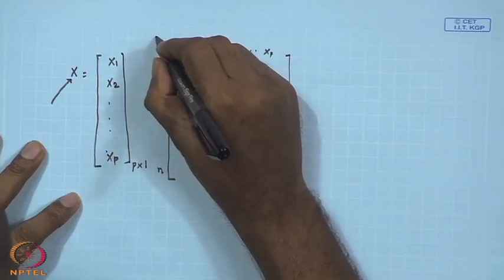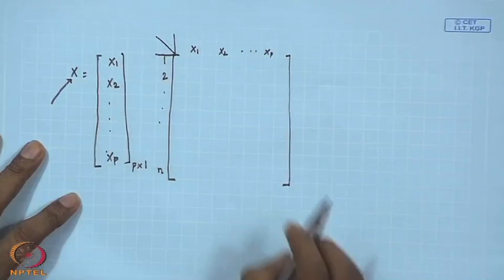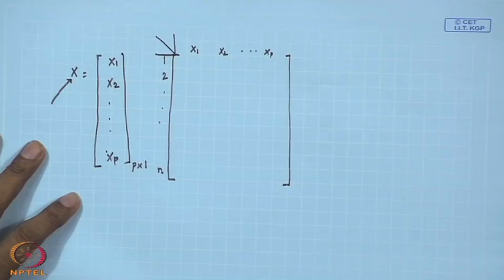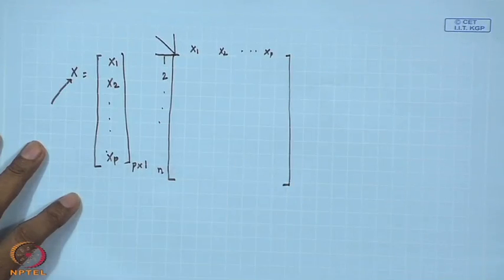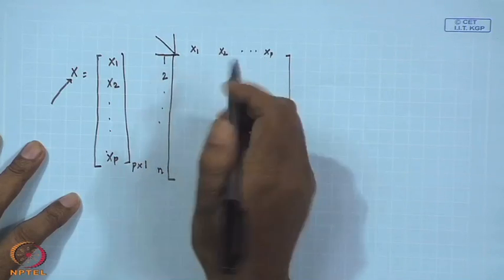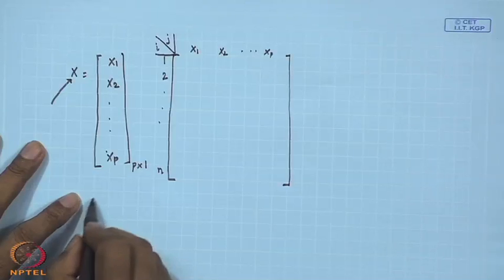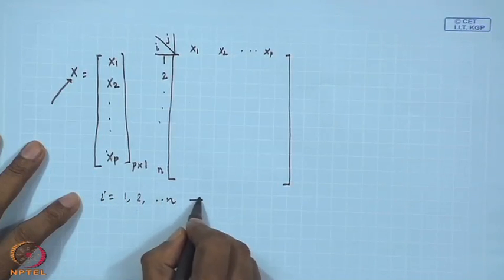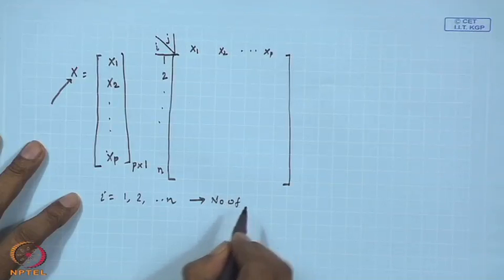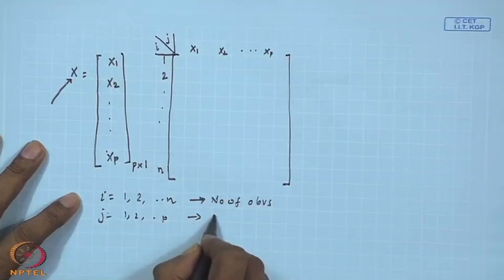So, essentially you are not in univariate domain, you are in multivariate domain, and you are not only in one x with n values, that means 1 to n values. Here you are with i equal to 1 to n and j equal to 1 to p. So, what does it mean? i equal to 1 to n, these are the number of observations, and j equal to 1 to p, these are the number of variables.